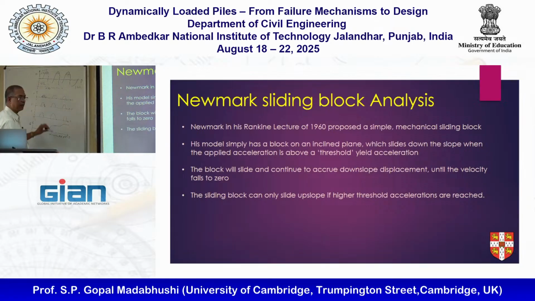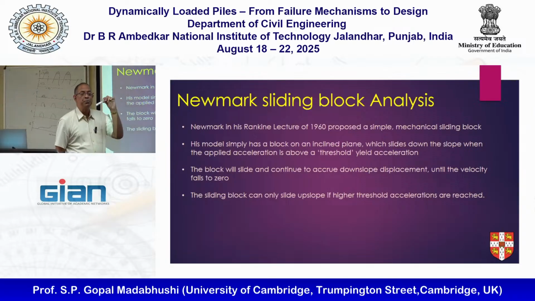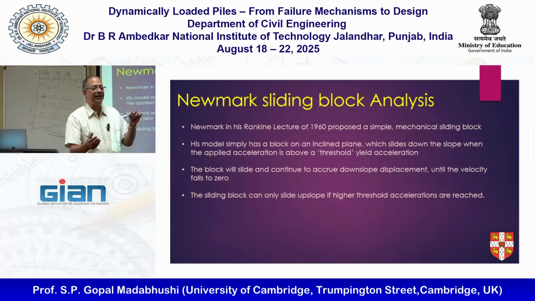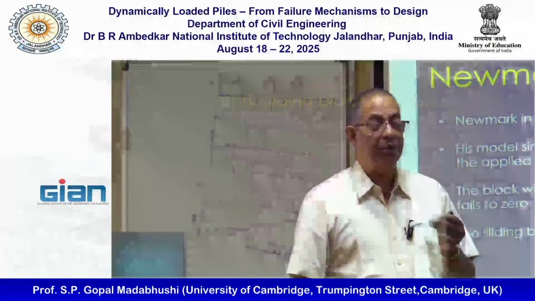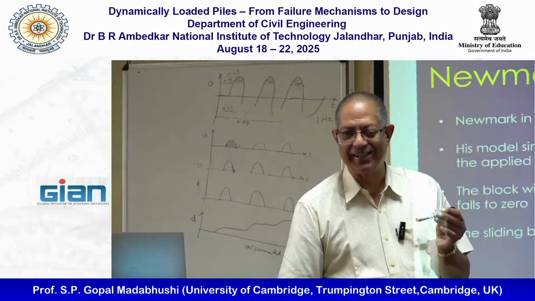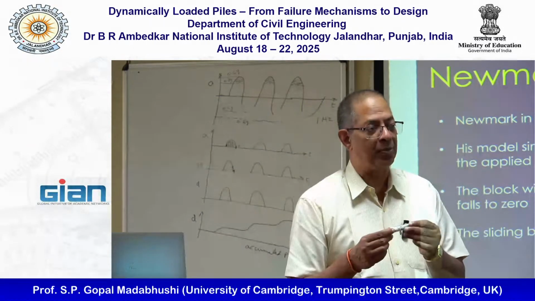So for very steep slopes like 6 degree, 10 degree slopes, the acceleration needed to go upslope will be quite high. But for 1 degree, 2 degree, 3 degree slopes, it may not be that much.